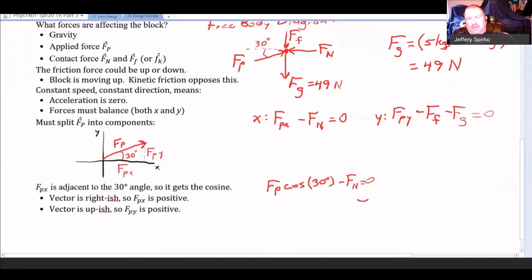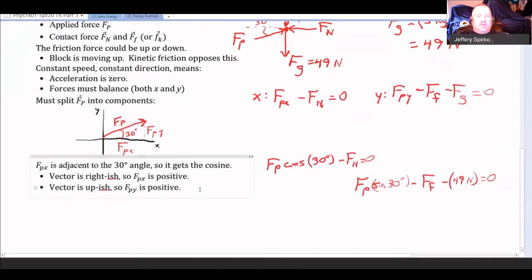And FP sine 30 degrees minus FF minus, actually, let's plug in a known number for the force of gravity, 49 newtons, equals 0. All right.